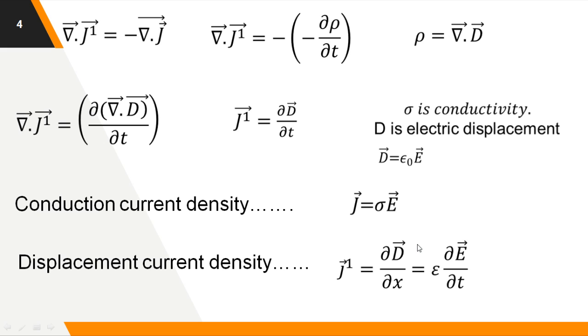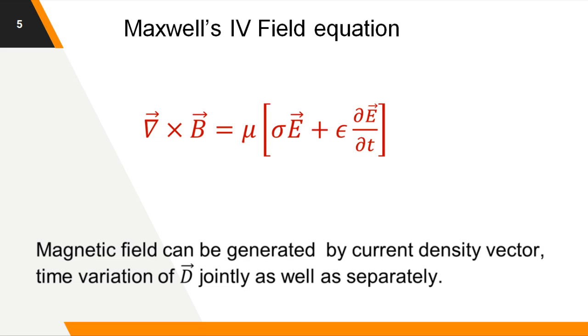Now a question arises whether this type of current exists or not. In order to understand this, this is the final Maxwell equation, del cross B equals mu epsilon, in general the fourth Maxwell equation. Magnetic field can be generated by the current density vector or the time variation of D, jointly as well as separately.